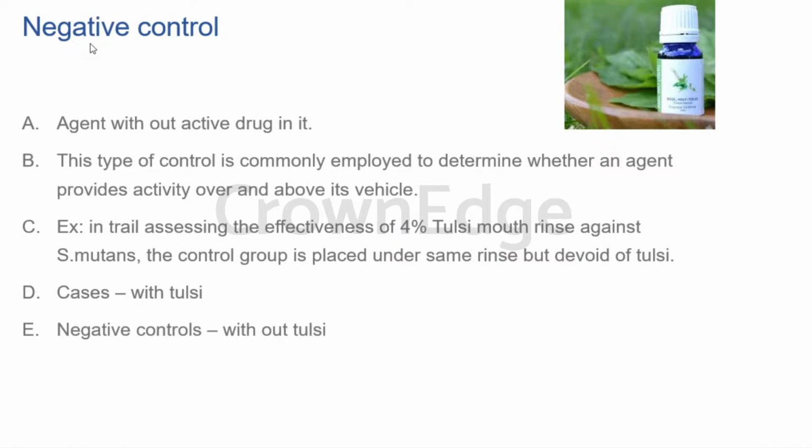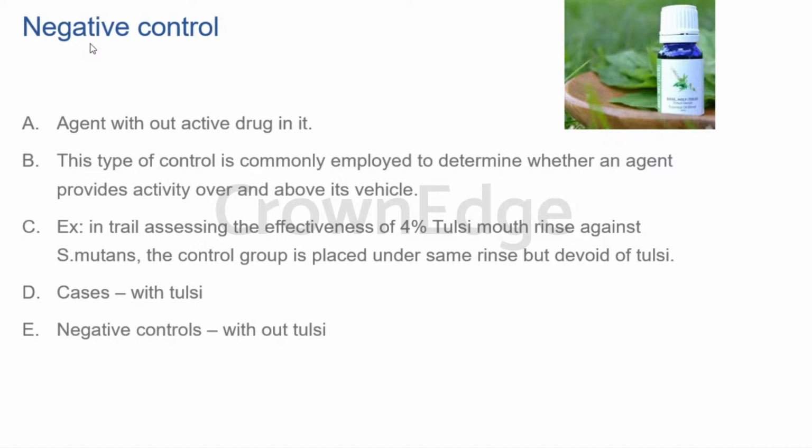Then there is negative control. Negative control is an agent without an active drug. Like for example, in a trial assessing effectiveness of 4% tulsi mouth rinse against S mutans, the control group is placed under the same mouth rinse, but that mouth rinse does not have the active ingredient, that is tulsi.